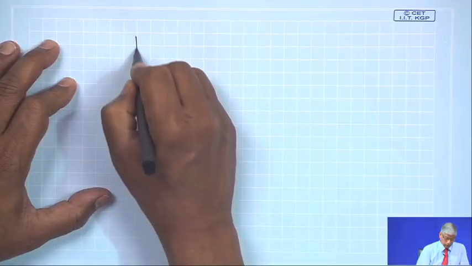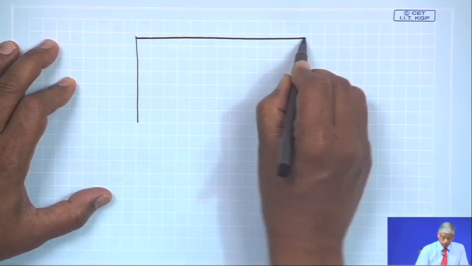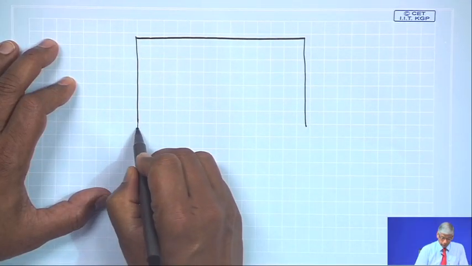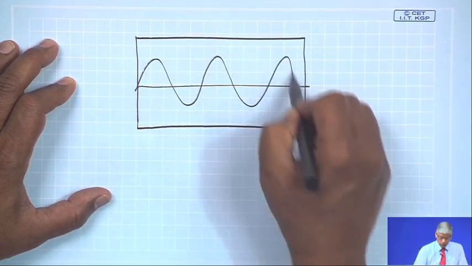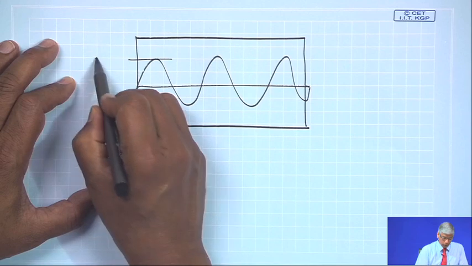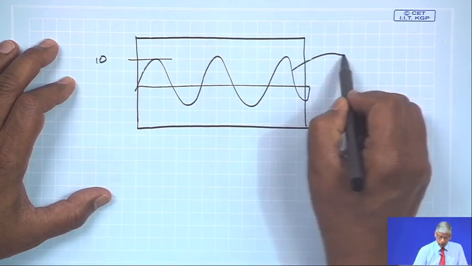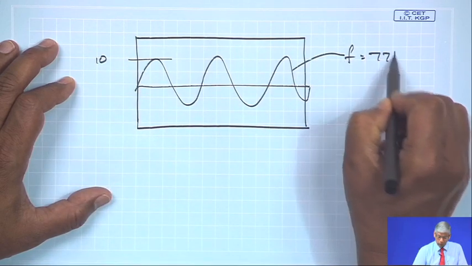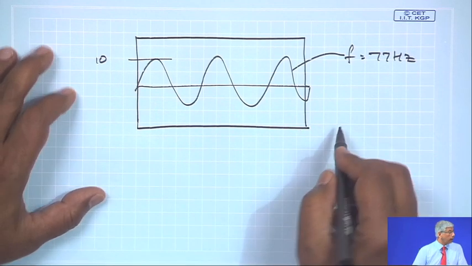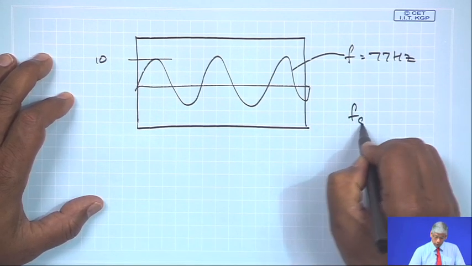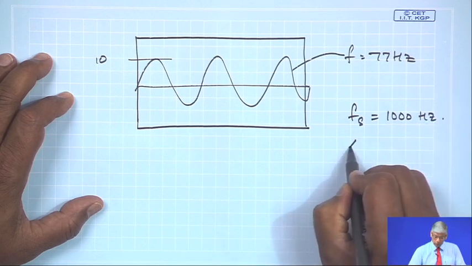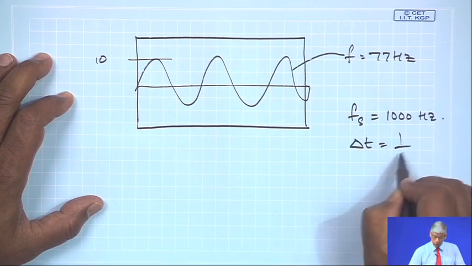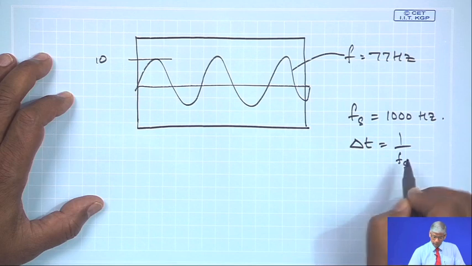To begin with, I generated a sine wave of amplitude 10 at a frequency of 77 hertz, where my sampling frequency was 1000 hertz. So, delta t is nothing but 1 by Fs.